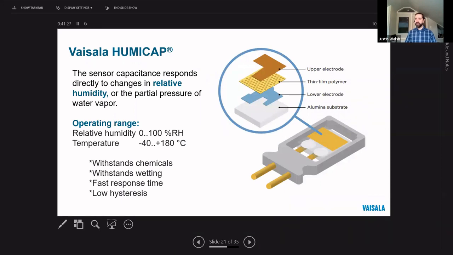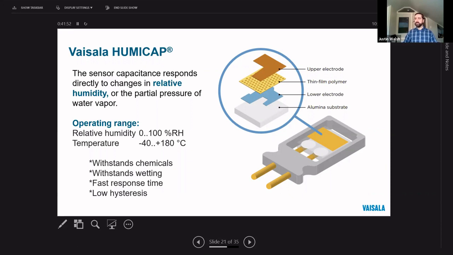The composition of the Humicap sensor is a sandwich of sorts, built upon an aluminum base. We have a hygroscopic polymer material layered between two electrodes. The water vapor passes through a porous upper electrode and interacts with the polymer. The amount of water vapor in the air will change the capacitance of the polymer, which is then measured by the two electrodes.